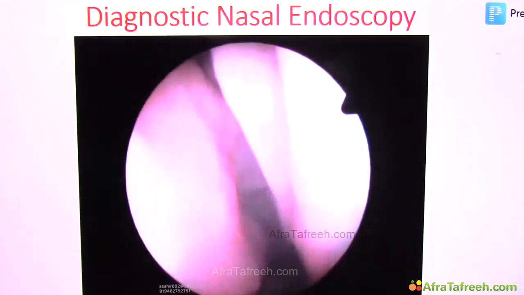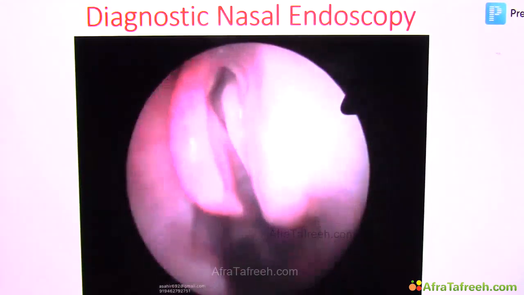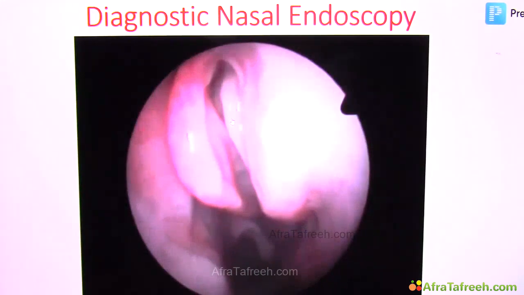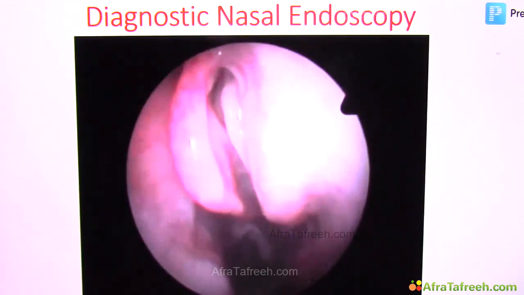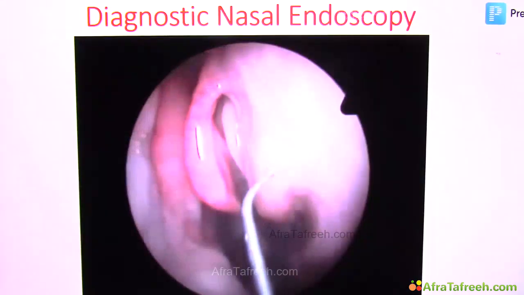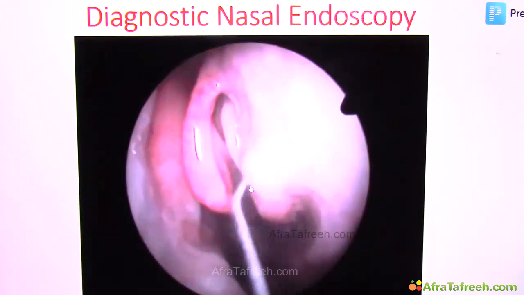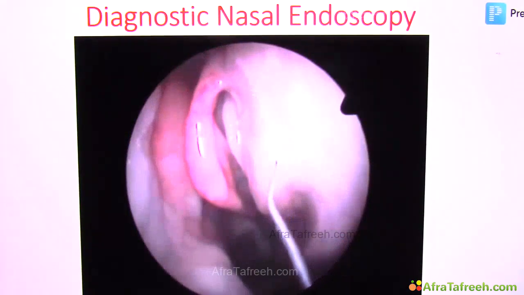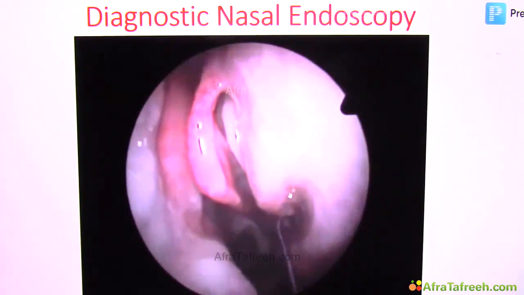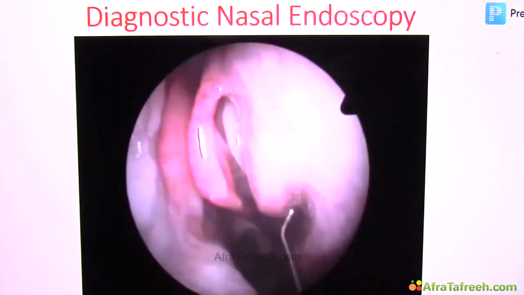Once we go across it, over here you can see this cell, that is the bulla ethmoidalis. I'm pointing out once again, this is the uncinate process. It is a boomerang shaped structure.